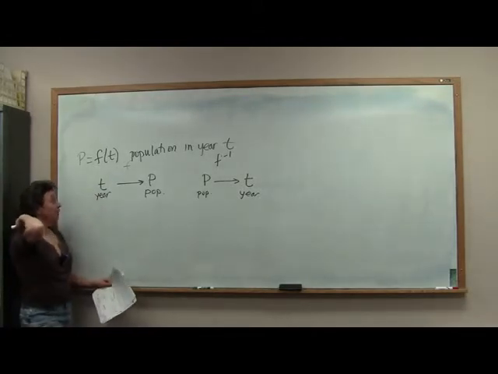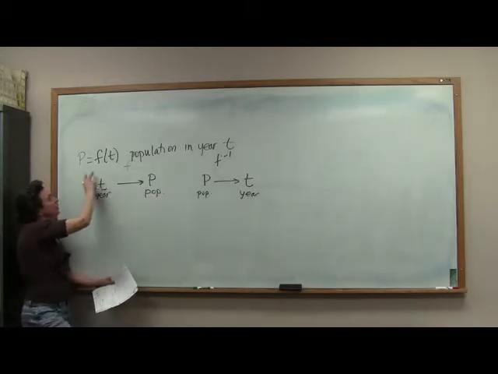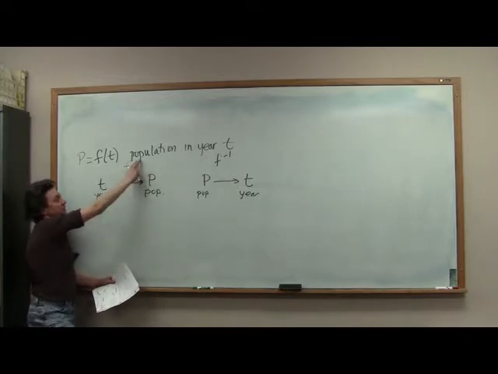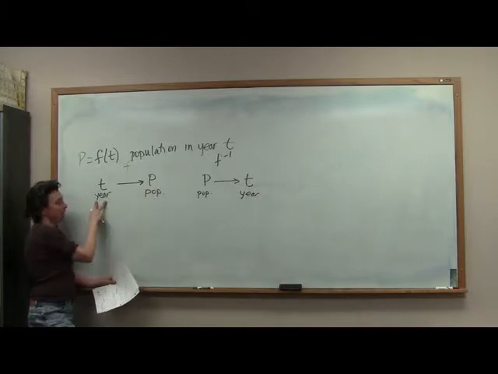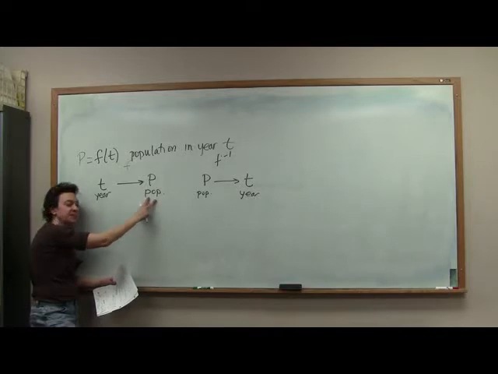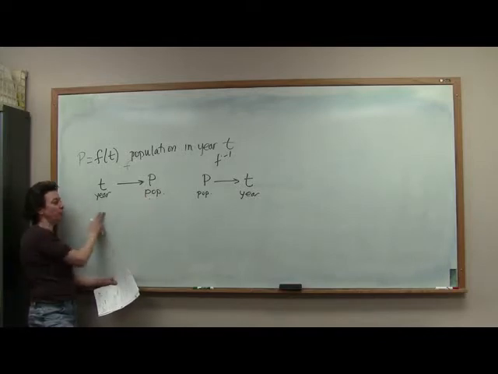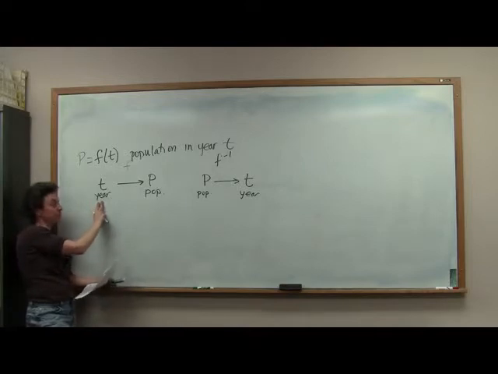Okay, so how do we write what the meaning of that is? Well, let's first talk about how we write the meaning of this. Notice, when we described this function, I started describing it by using the units of my output. It's my population in year t. So when we describe these things, we start with the units of our output in terms of the units of our input.